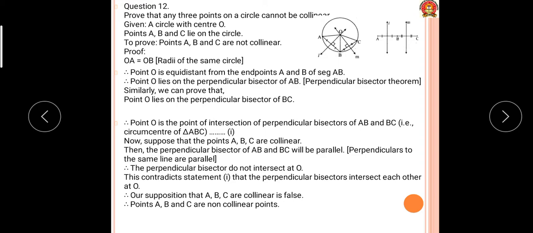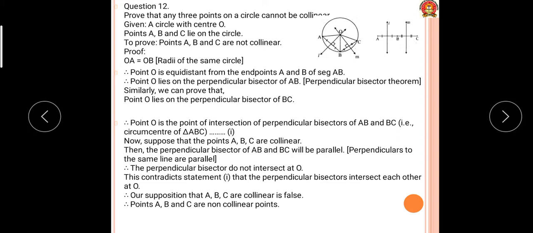All these 3 points are on the circle. Now what is our consideration? These points may be collinear, A, B, C. And O is the center of the circle and these 3 points are on the same circle. Now prove that points A, B, C are not collinear.